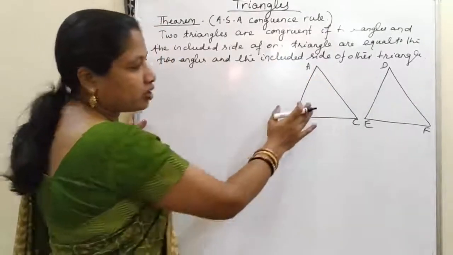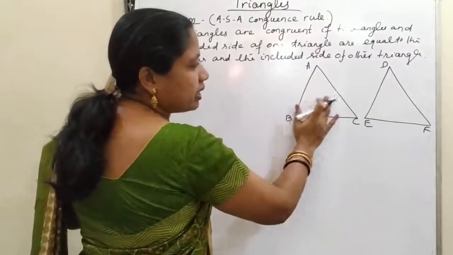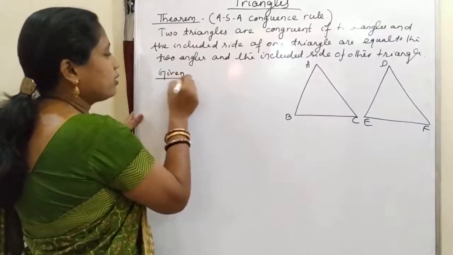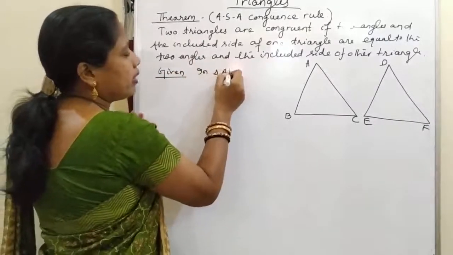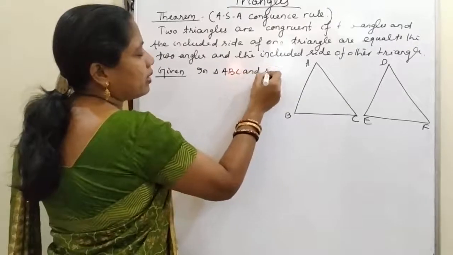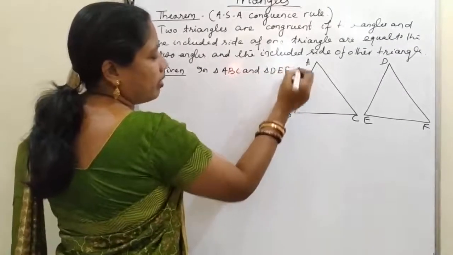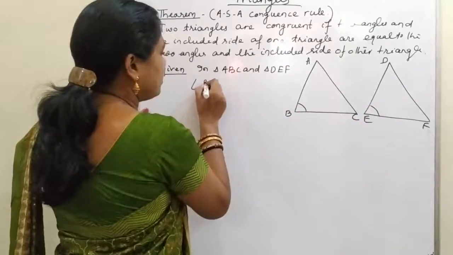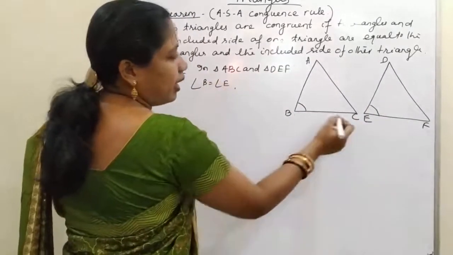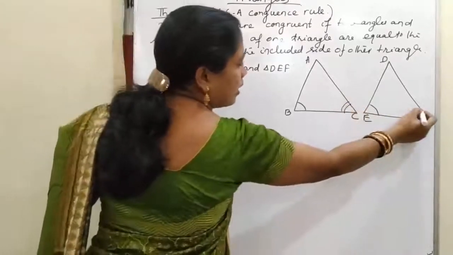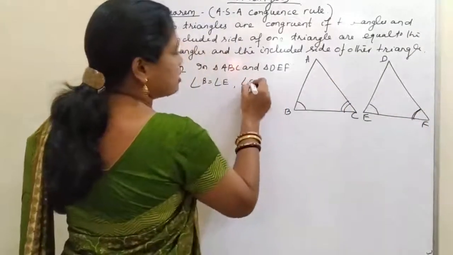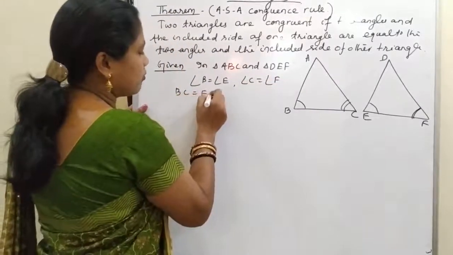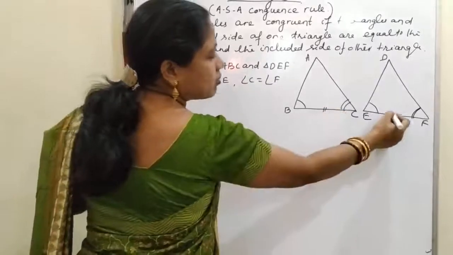So here I have taken two triangles, triangle ABC and triangle DEF. What is given here? Given in triangle ABC and triangle DEF, angle B is equal to angle E, angle C is equal to angle F, and BC is equal to EF.